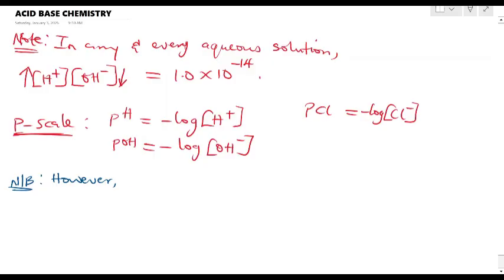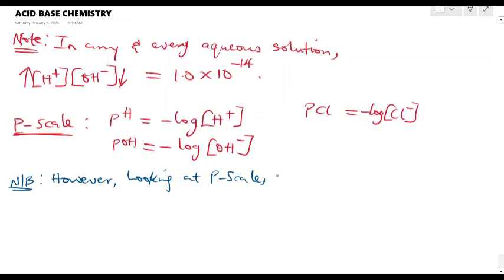However, looking at P scale, most of the time we talk about pH.